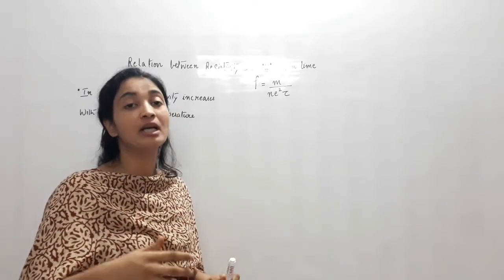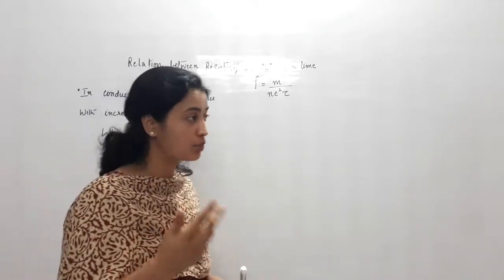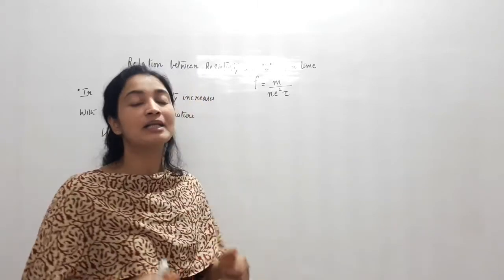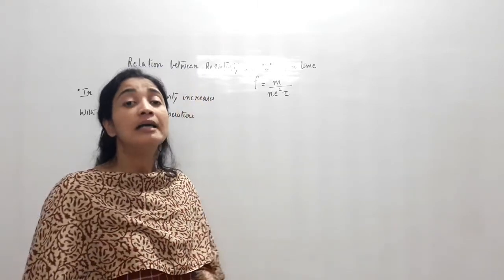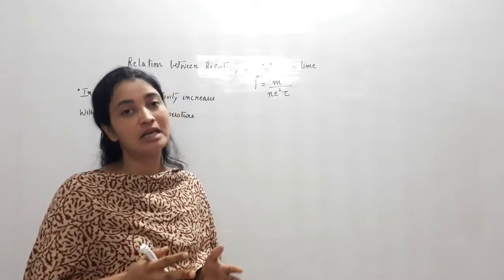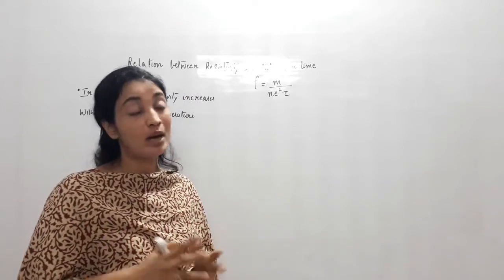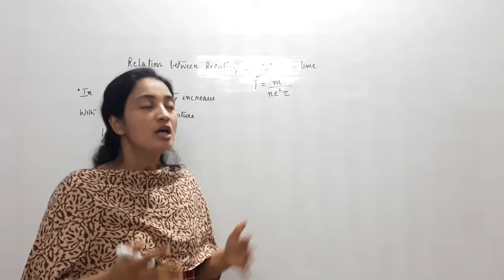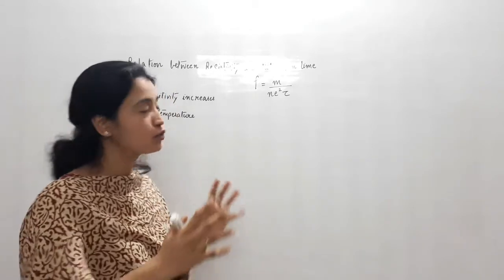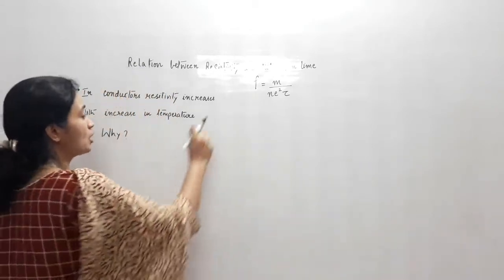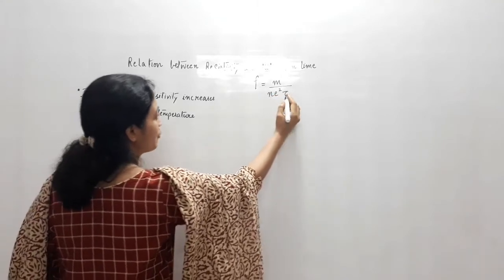It starts behaving like a better conductor. But in conductors, with increase in temperature, it is the resistivity which increases. Why is this so? Why is the difference in the behavior? So for understanding all these things, we are trying to understand the relation between resistivity and relaxation time.